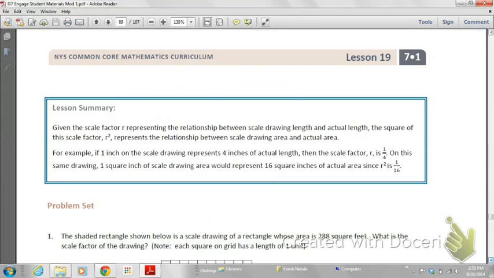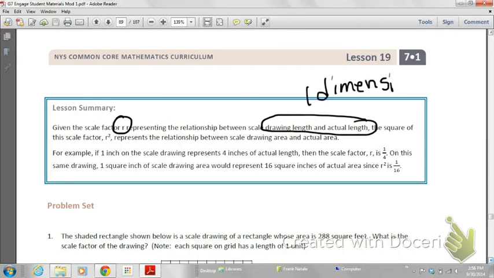So in closing, here was our lesson summary. If we are given the scale factor, which in this lesson has been called r, it represents the relationship between scale drawing length and actual length, and again, these are one-dimensional measurements.